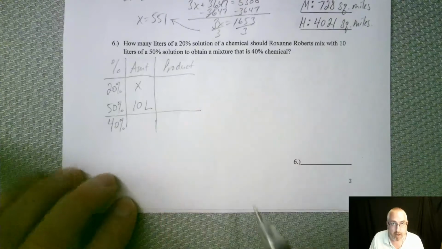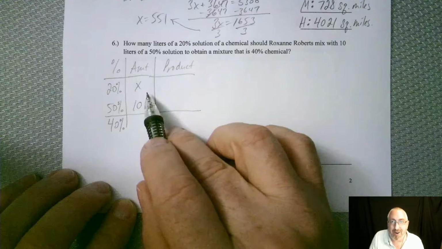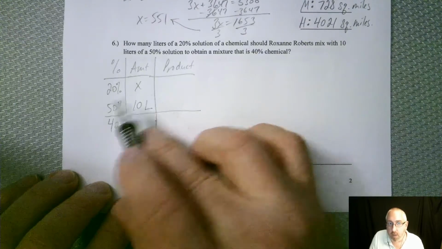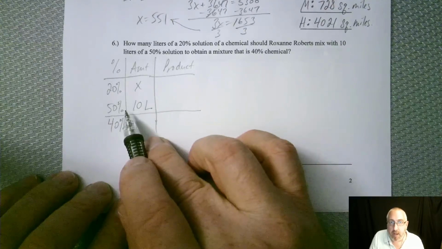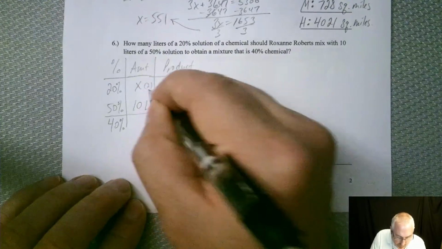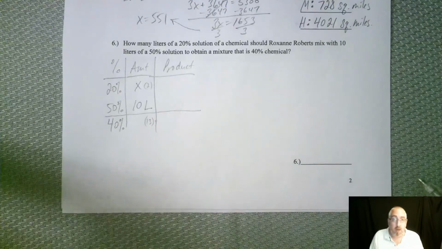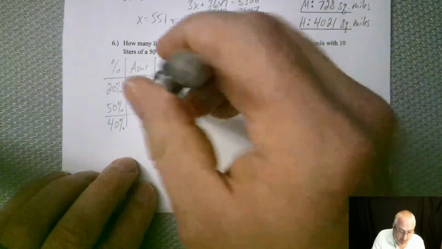And the reason why it doesn't make sense is because let's pretend we know how much was here. If we had 3 liters of 20% and we mixed it with 10 liters of 50%, we'd have a total of 13, right? So if this was 3, 10, we'd have 13. But we don't know how much we're starting with.